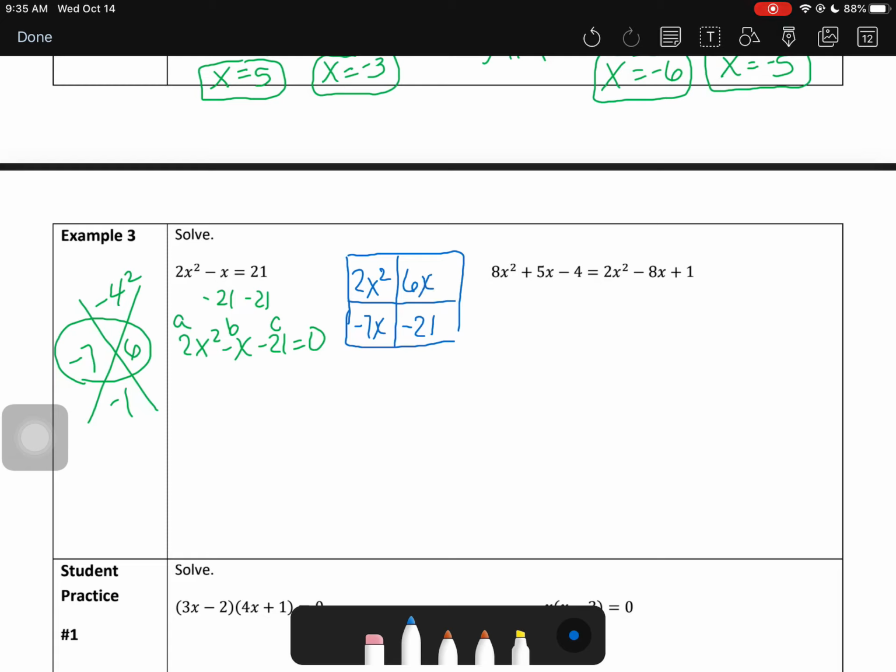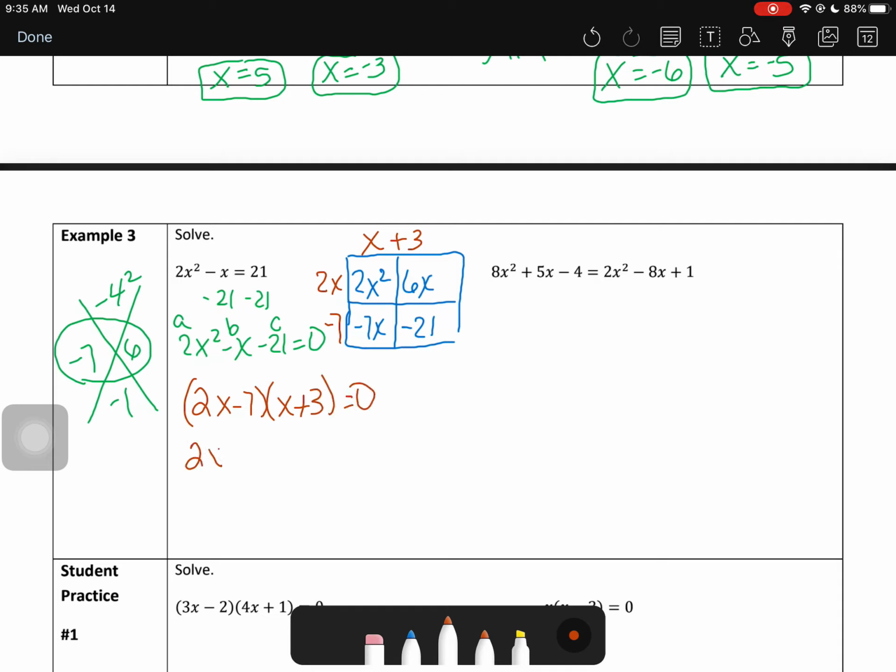We're going to find the greatest common factor of each row and each column. And that will be 3. So now we set up our two factors. We have 2x minus 7 and x plus 3 equal to 0.